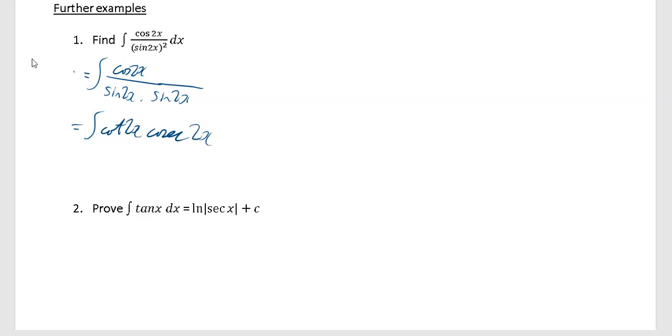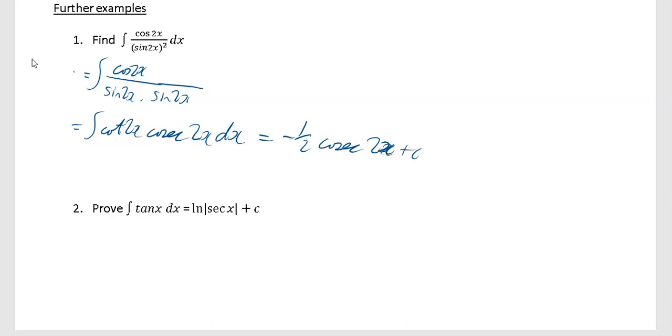So we have got cot 2x and we've got cosec 2x, and we said earlier on if you integrated cosec x cot x, you get minus cosec x plus c. So here, if we integrate this, what you're going to get is minus a half times cosec 2x plus c.